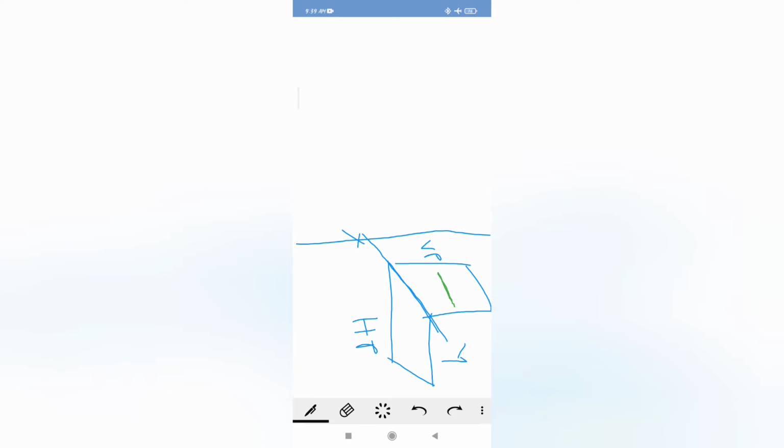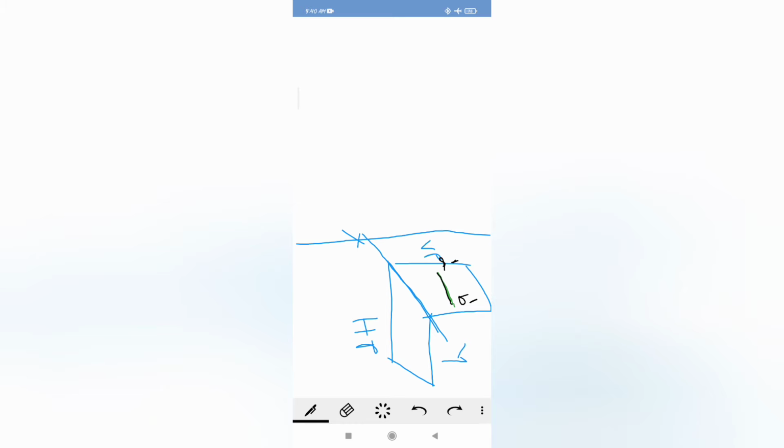From the front view, the true shape appears on the vertical plane, which will be represented as A dash B dash. But from the top view, you can see this line on the reference line XY, because it is resting on VP.